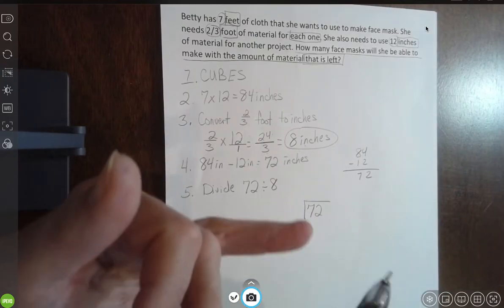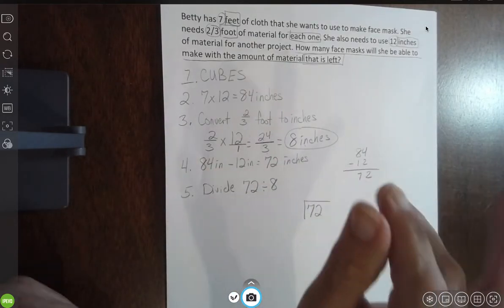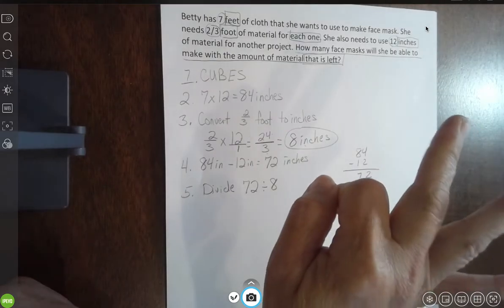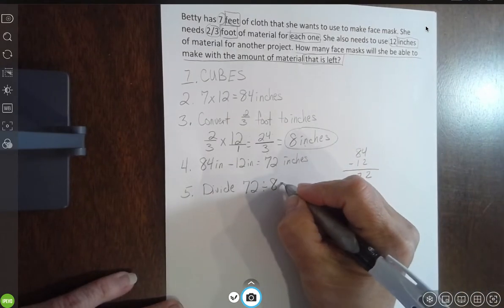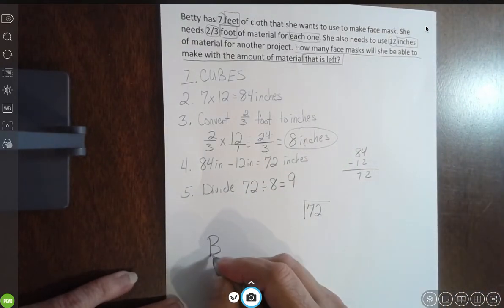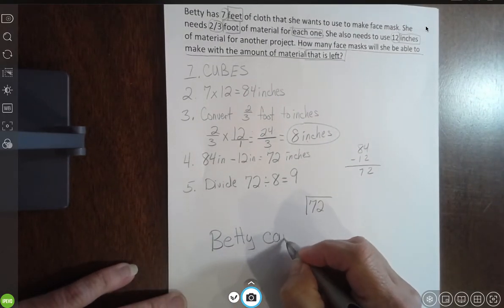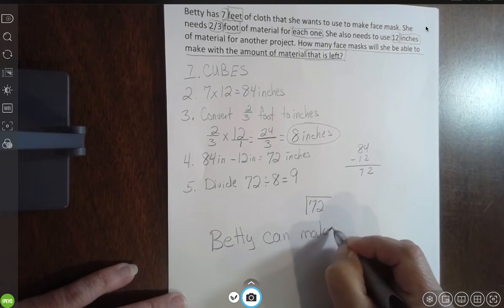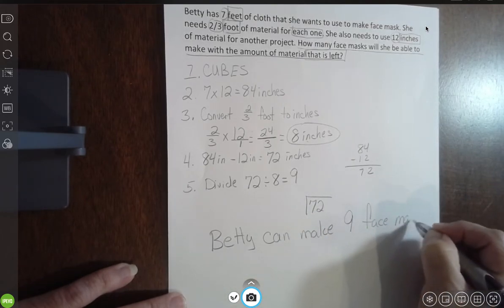Let's see, 8, 16, 24, 32, 40, 48, 56, 64, 72. So 72 divided by 8 is 9. So Betty can make 9 face masks. Very good, Betty.